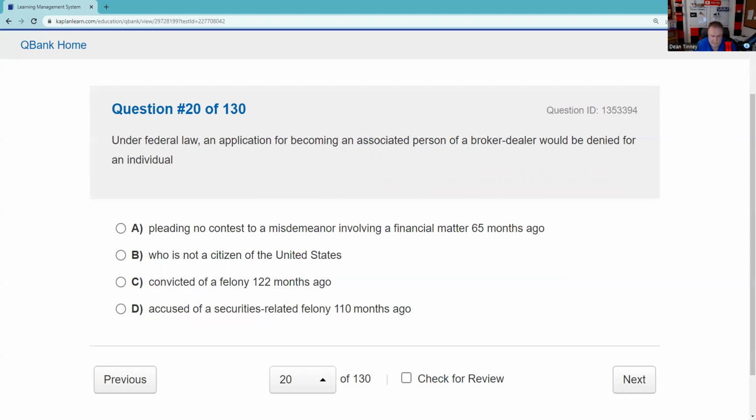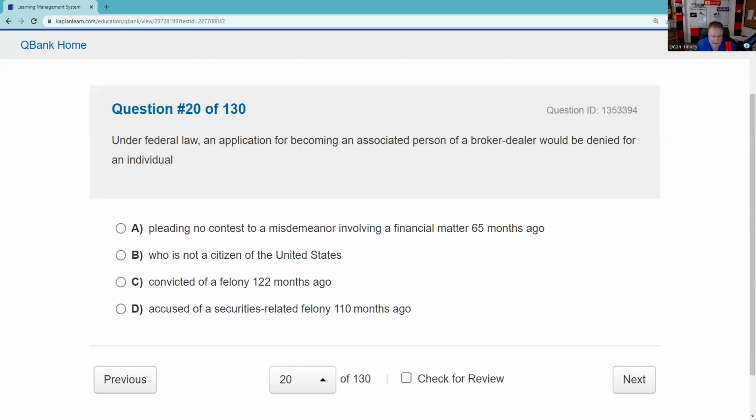I think I would have done reverse here, Sesame Street trick, process of elimination. Pleading no contest to a misdemeanor involving a financial matter 65 months ago. Now, this is Kaplan just being a jerk. I divide that by 12 to figure out how many years that is. The test is not going to do that to you.